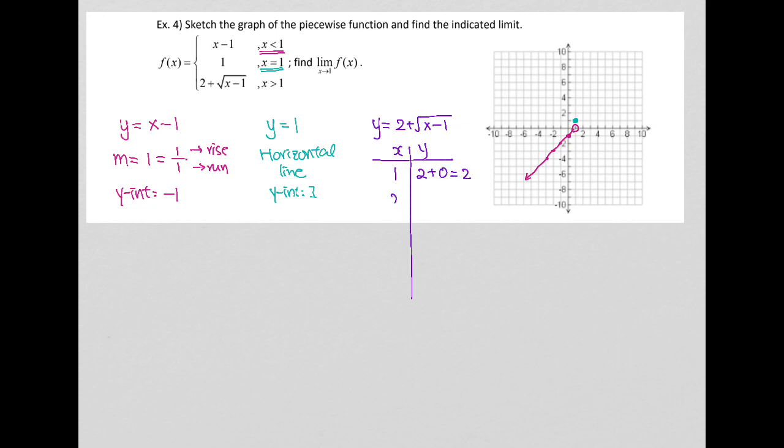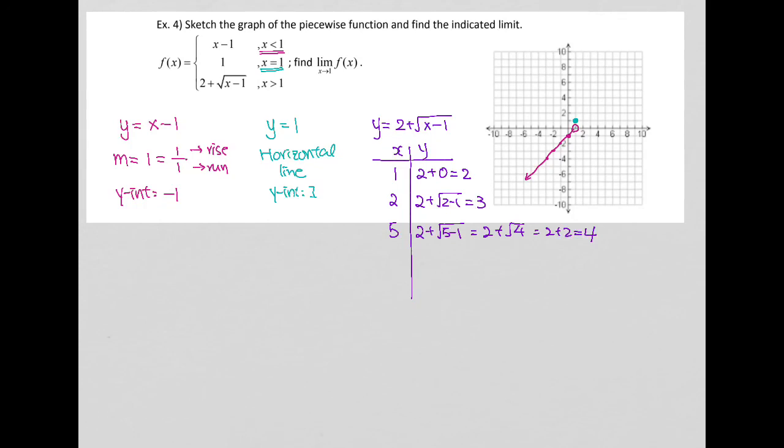And when x equals 2, I'll have 2 plus the square root of 2 minus 1, which is going to be 3. And for the next x value, I will not choose 3 because 3 minus 1 inside the square root is not a perfect square. So I will use 5. When x equals 5, I have 2 plus the square root of 5 minus 1, which is 2 plus the square root of 4, which is 2 plus 2, which is going to be 4.